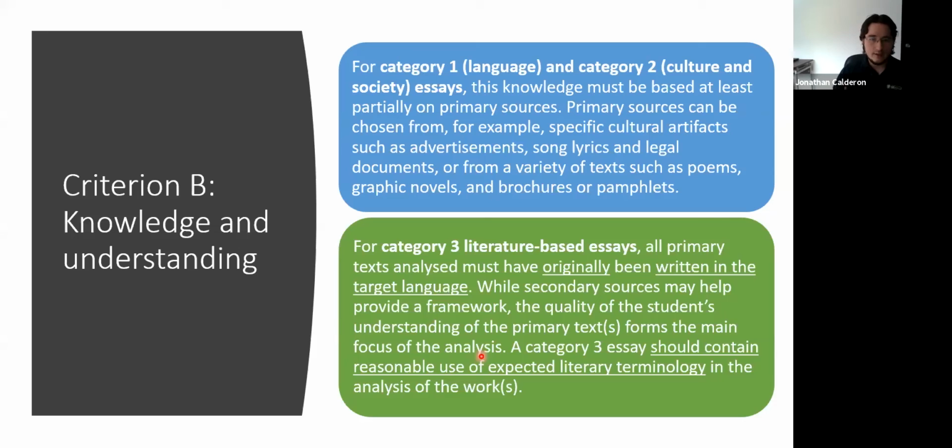The point in category 3, or in all of them, is that the student produces something, okay? So a category 3 essay should contain reasonable use of expected literary terminology in the analysis of the works. What we were saying previously is not about giving a summary of the book.